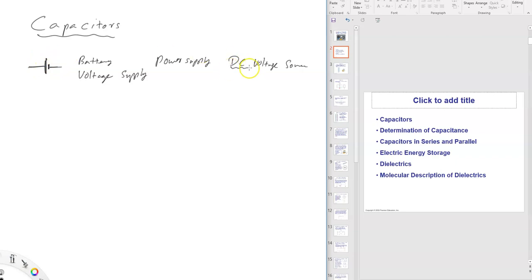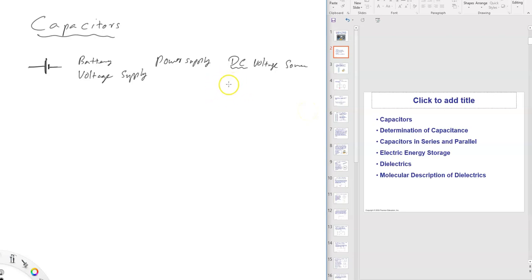This term is also important, right? Direct. This comes from the term direct current, but when it comes to voltage, we still say it's a DC voltage source. So the idea is electrons or charged particles are moving in one direction. Now we haven't discussed the other type.